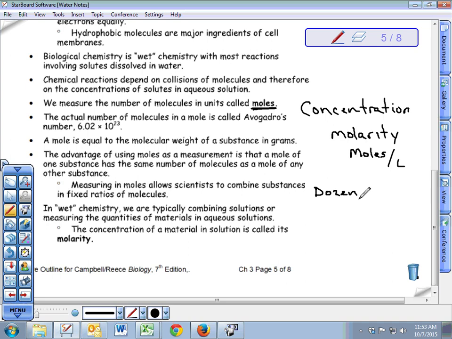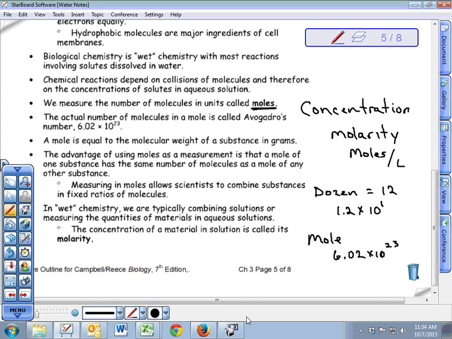A mole is the same thing, so while a dozen equals 12 things, which in scientific notation would be 1.2 times 10 to the first, a mole is 6.02 times 10 to the 23rd. That means take 602 and write 21 zeros at the end.